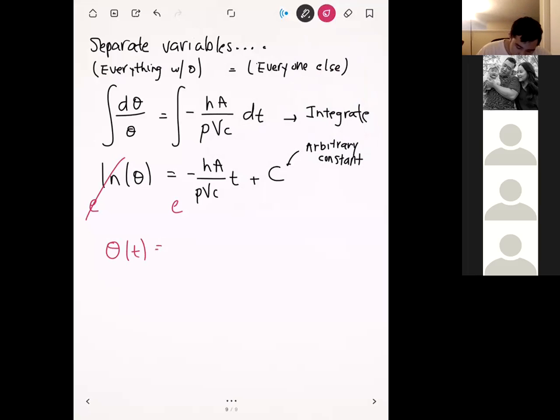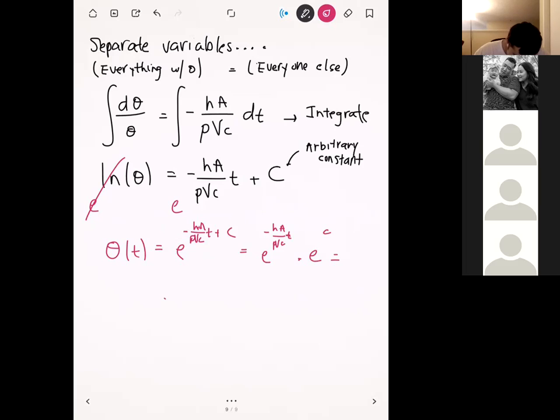On the right-hand side, we get e to the minus hA over rho V C t plus C. Since we're adding exponents, that's the same as multiplying, so we have e to the C times e to the minus hA over rho V C t. Since e to the C is a constant, we usually bring it out in front for simplicity's sake.